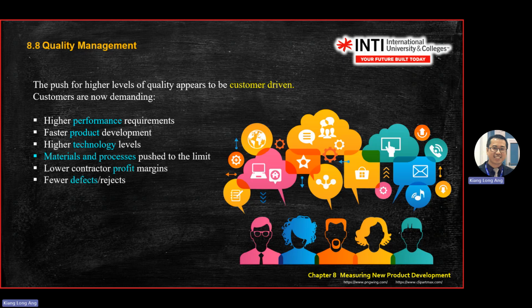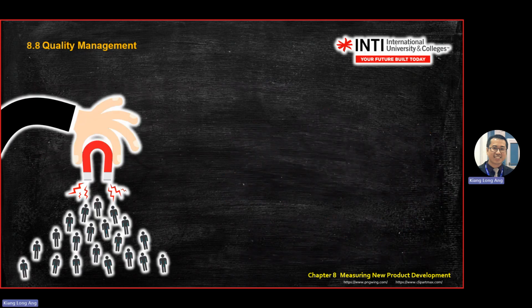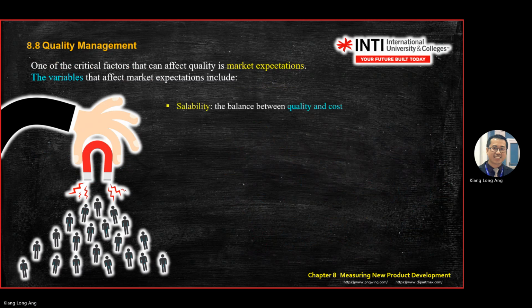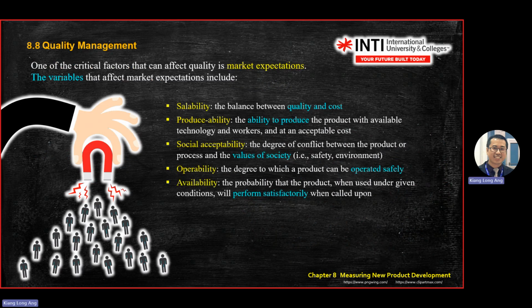So these are the customer dimensions. Customer dimension means what customers usually want: higher performance product, higher quality, higher technology, material, and fewer defects, and so on. This one you read.